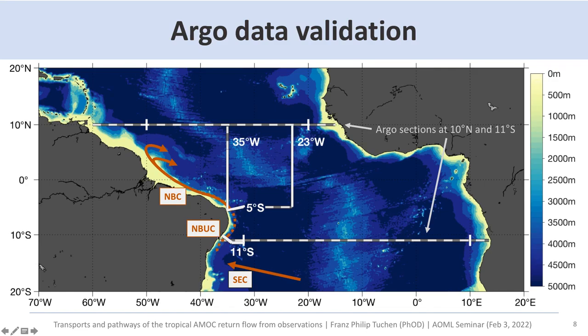You can see that at 11 South, as I showed you, the upper ocean is dominated by the MBOC, which is a subsurface current that becomes a surface intensified current once it reaches around 5 South.